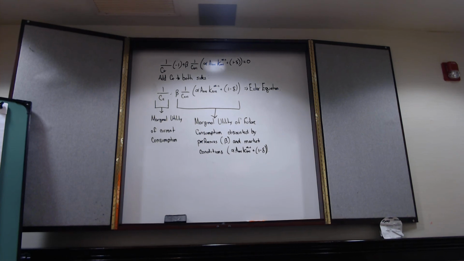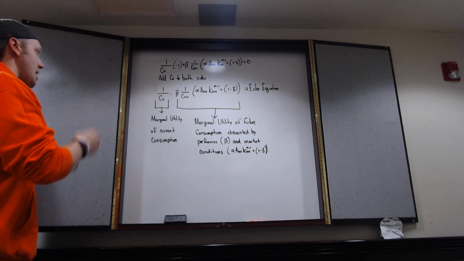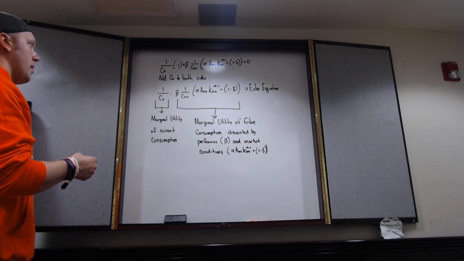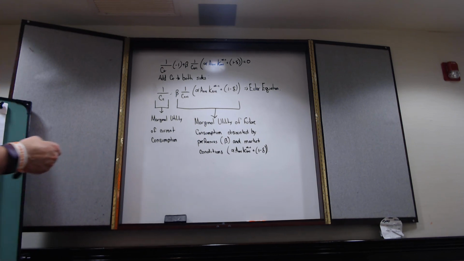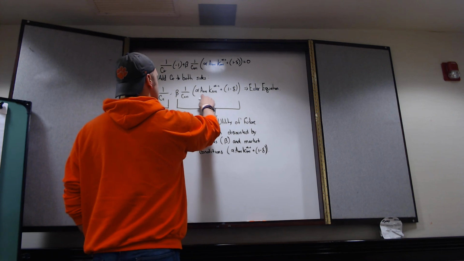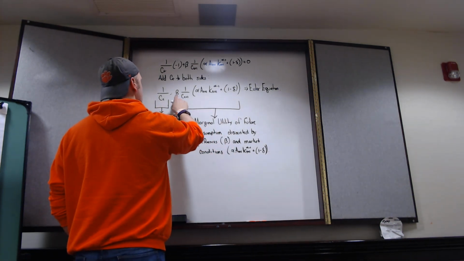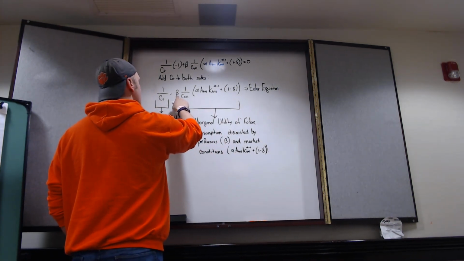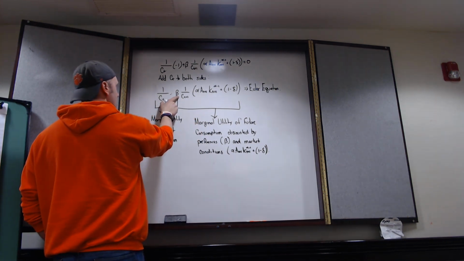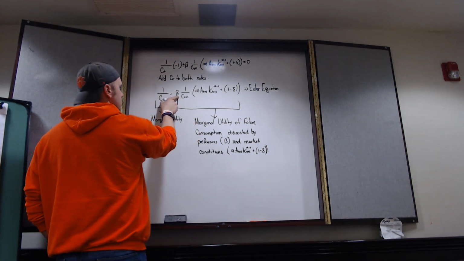Beta is a measure of how patient we are. It's a measure of how much we care about tomorrow relative to today. Right? So that's almost like a punishment of sorts. But this marginal utility of future consumption, or not marginal utility, sorry, the market conditions are a benefit. This is a reward. The more patient we are, right? Yeah, it's going to punish us today because it means less consumption today.